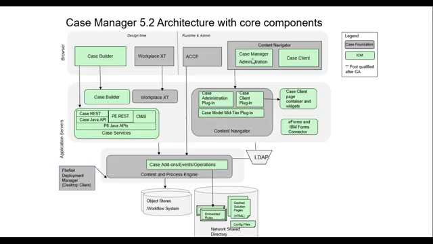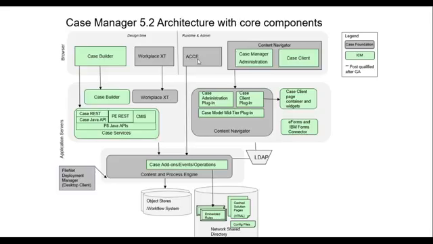There are two administrative clients. One is your administrative client for Content Platform Engine, which we call ACE. Second is your Case Manager administrative client, which is your administrative client for Case Manager, CMAC. And this ACE is your administrative client for CPE, Content Platform Engine.